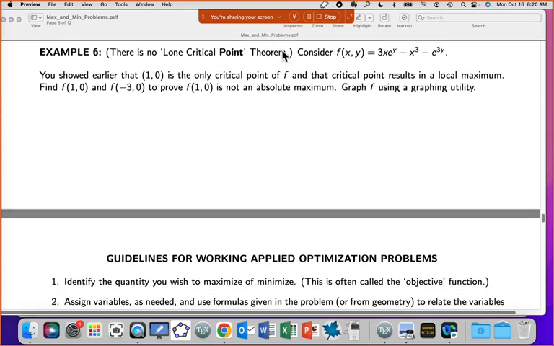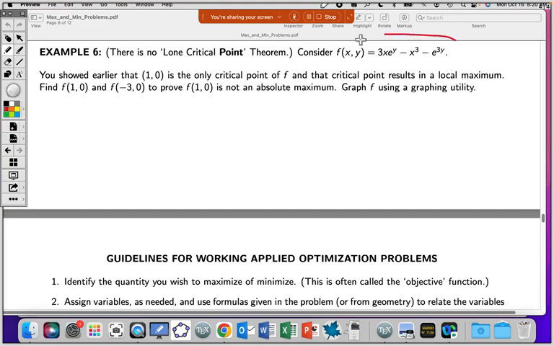And this was the example that we looked at. So we had done this earlier. I think we did this one either Wednesday or Thursday. But you only get one critical point, (1, 0). And if you go through the second partials test, you get a local maximum out of this.